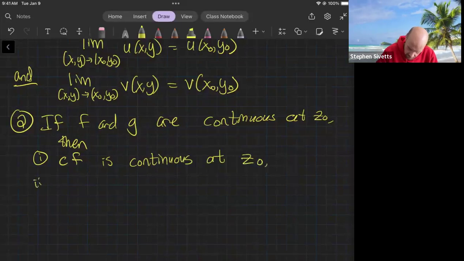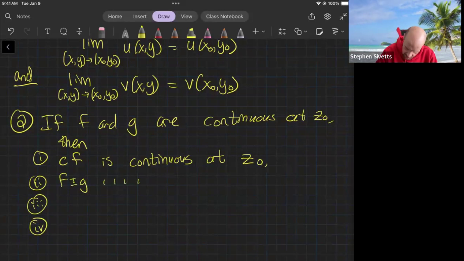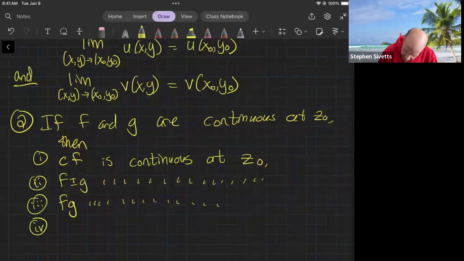Okay, 2, 3, and then 4: f plus or minus g is continuous at z naught as well. The product f times g is also continuous at z naught.